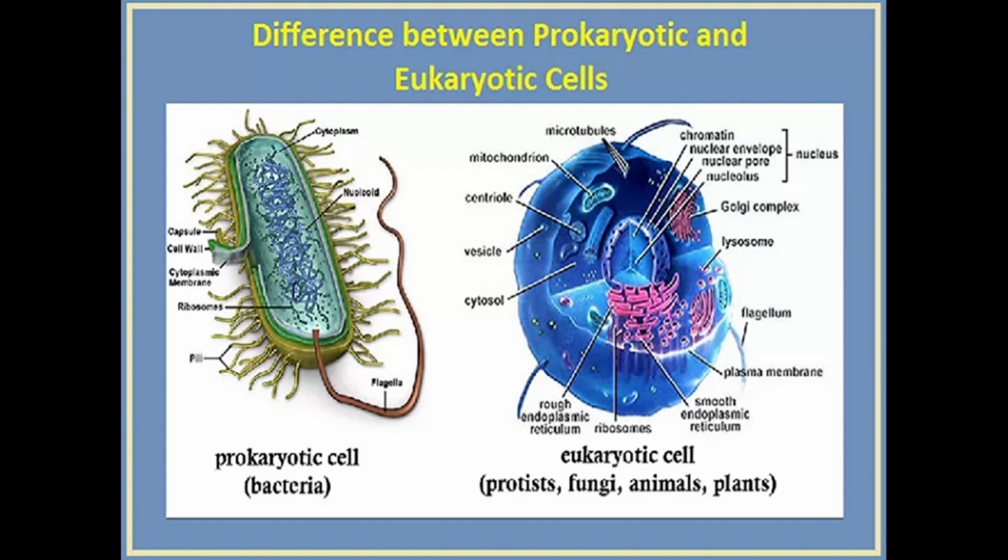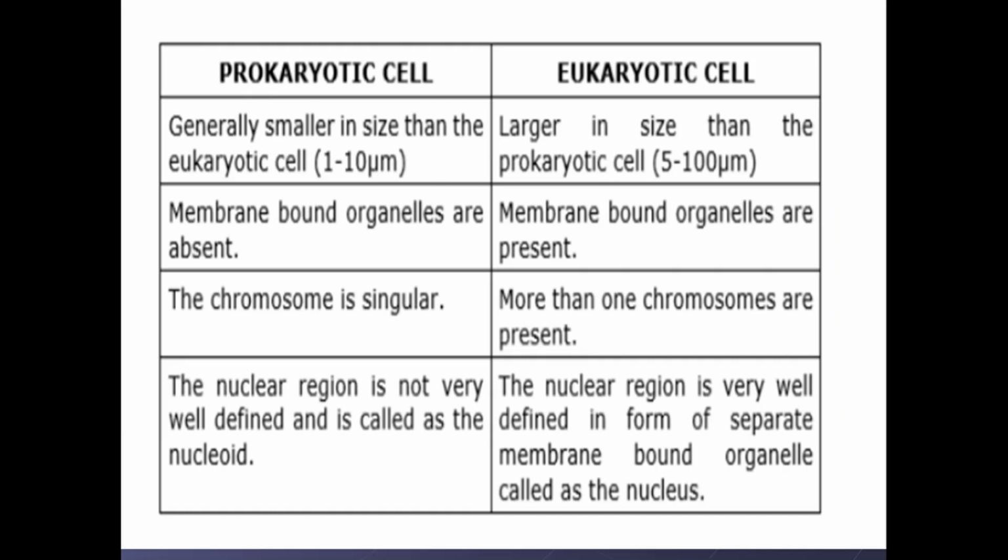There are two types of cells in living organisms: prokaryotic and eukaryotic. So first of all, we are going to study the difference between prokaryotic and eukaryotic cells.